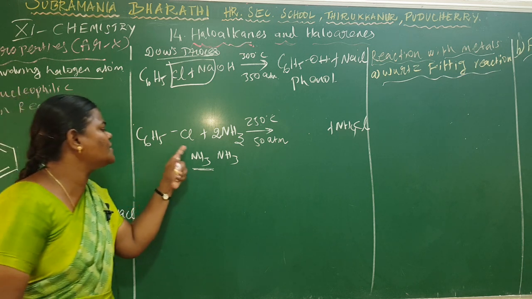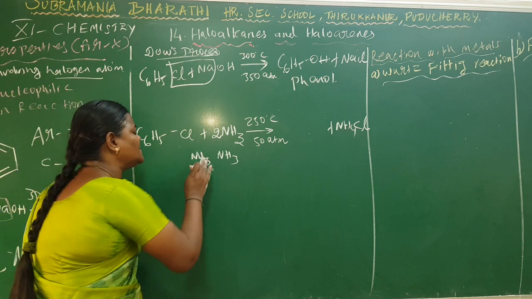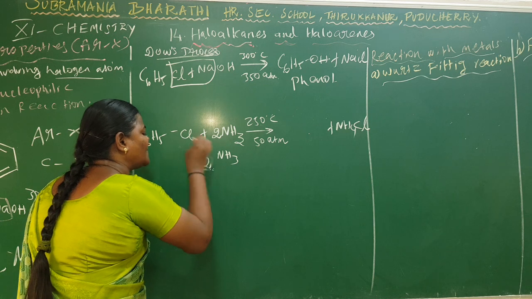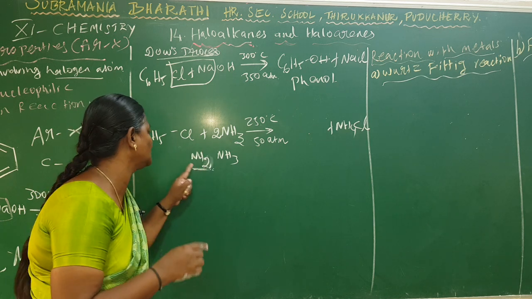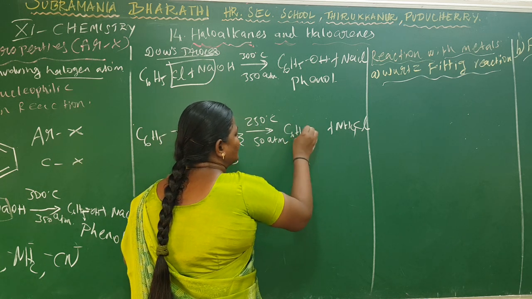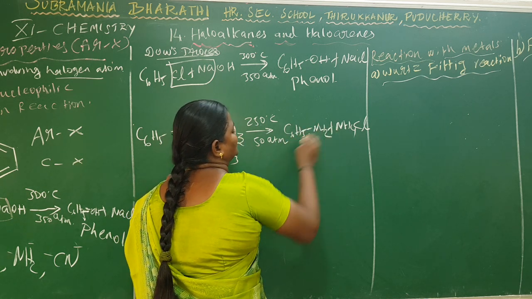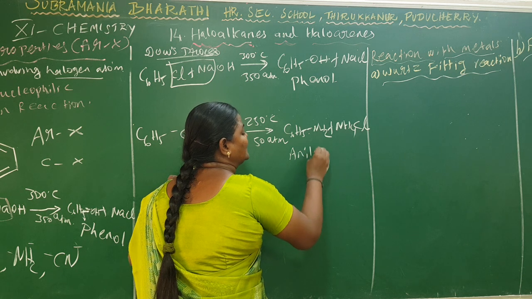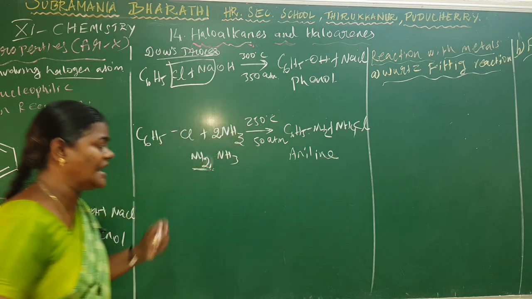The remaining part has the NH2 group, called the amine group. This amine is attached to phenyl, so C6H5NH2 is formed. The name of the compound is aniline.